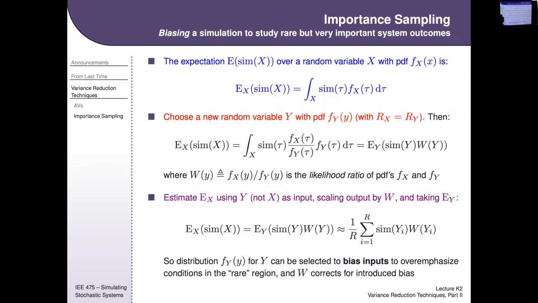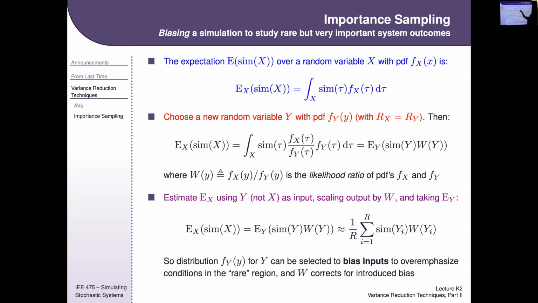Now, I have to get into a little bit of the math here, just so we can see how this importance sampling works. If you go back to how we defined expectation earlier in the class, or back to 380 and 385, the expectation of our simulation model over the distribution x, where that's our input model, is this integral.